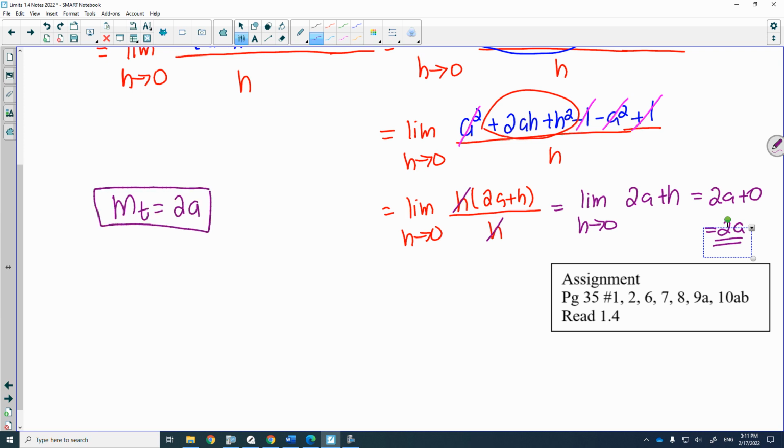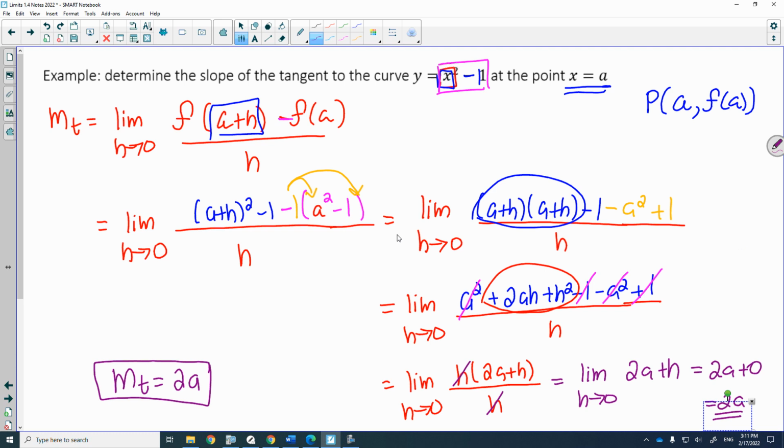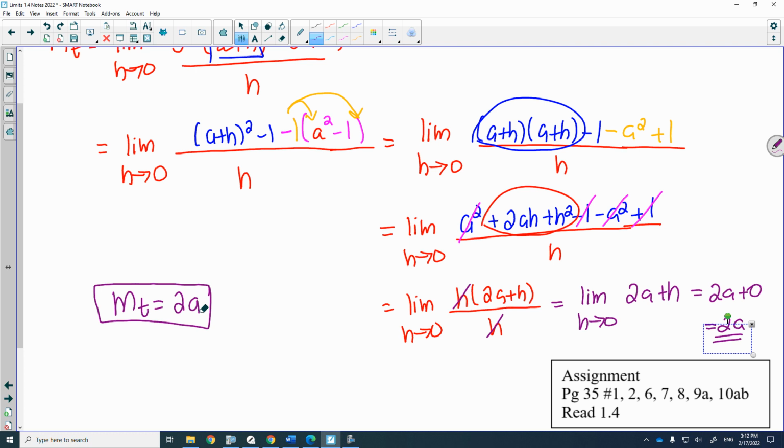What that means and why this is powerful is that now I could give you any point on that curve and you could substitute that point in for a. So I could say when x is 5, what would the slope be? 2 times 5, the slope would be 10. So I could give you any x values and say what would the slope of the tangent be at those particular points.